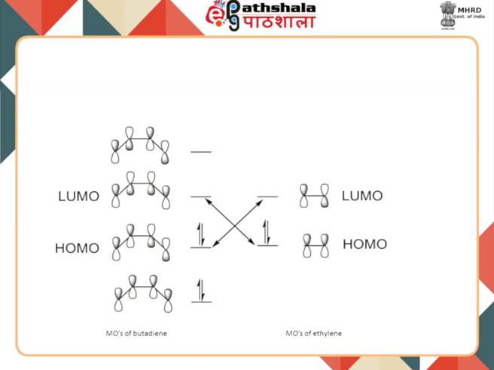The HOMO of butadiene and the LUMO of ethylene are both antisymmetric. Both are rotationally symmetric, meaning thereby the reaction is allowed.